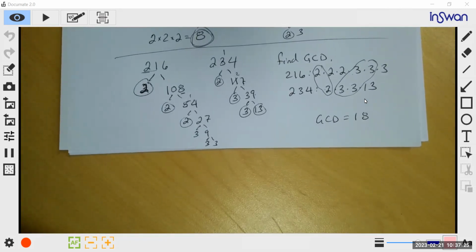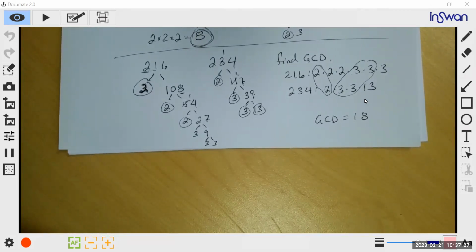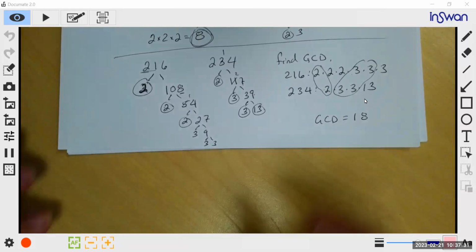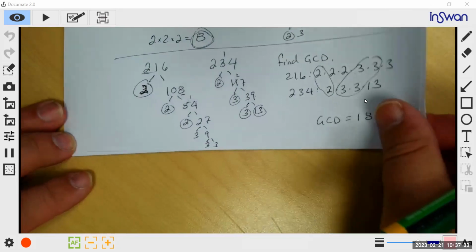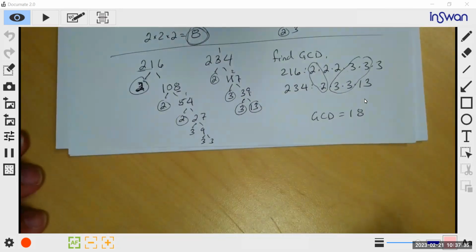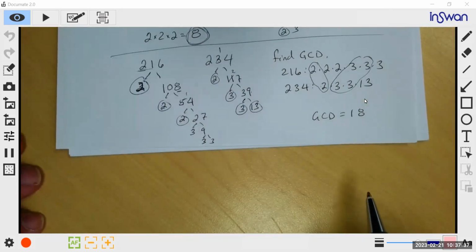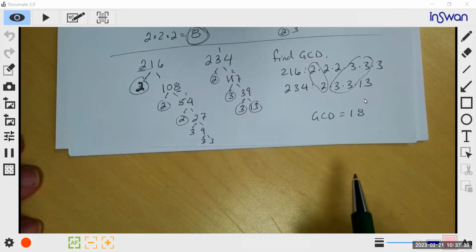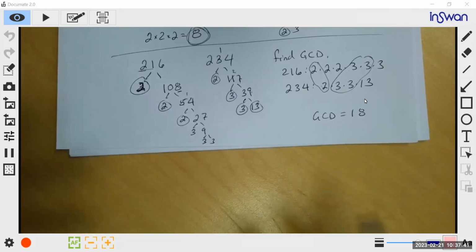That's the greatest number. 18 is the greatest number that fits in both of those. It has to be made up of those numbers.